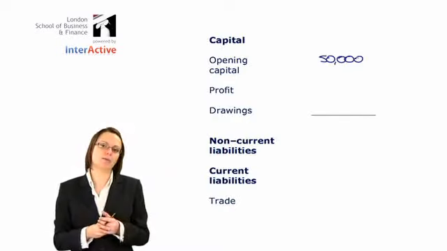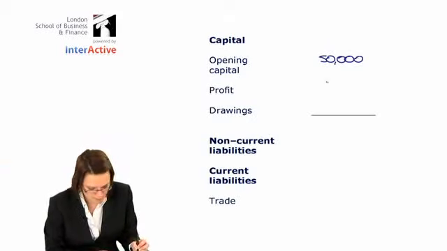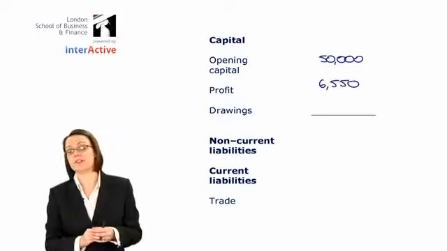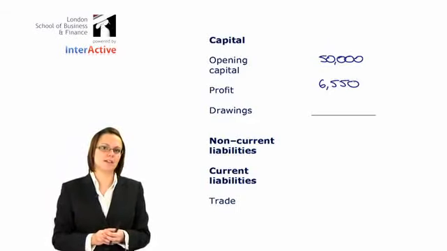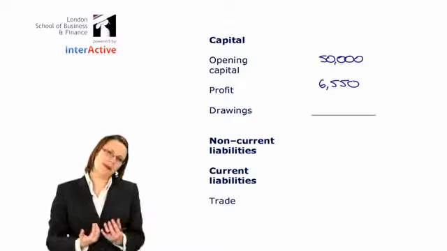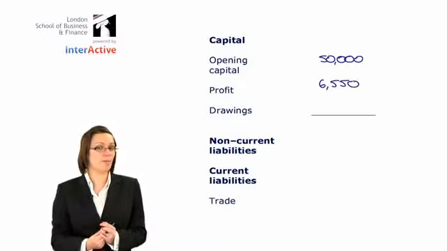Look back to your statement of comprehensive income. At the bottom, our net profit was $6,550. Nice tidy profit at the end of 2 weeks. We're going to add that to our opening capital. It's going to benefit George. It's going to benefit the owner. So we add that at that point.